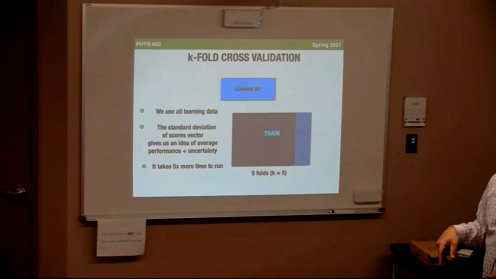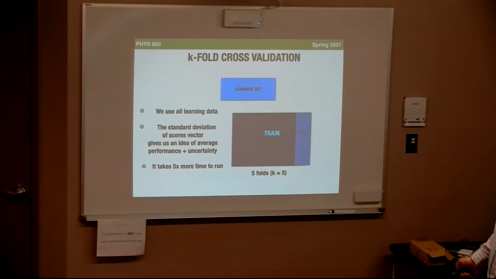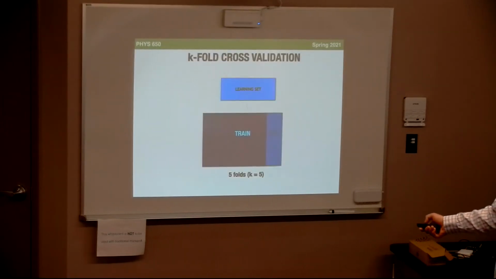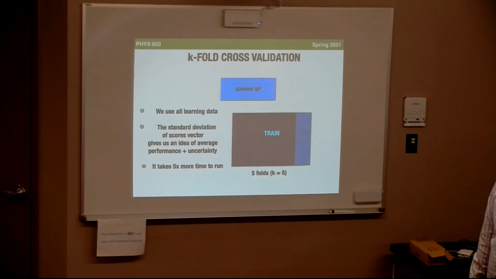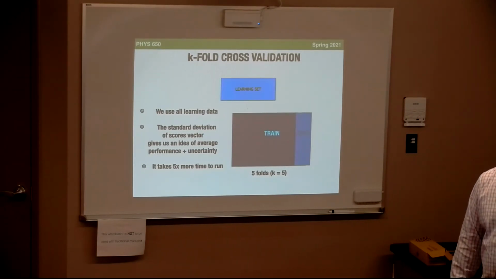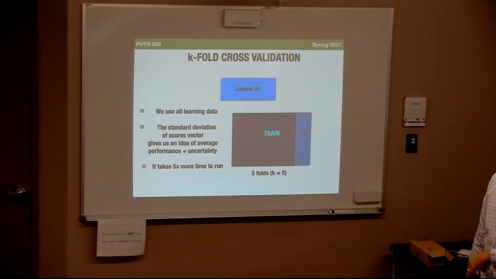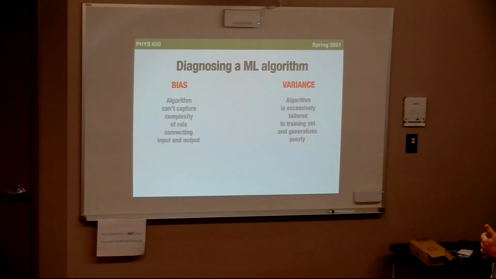This is for small samples, but easily computed. The bad thing is it takes 5 times more to run, but that's not a big deal, because all the sklearn algorithms we use so far are super quick, because they're supposed to teach you.